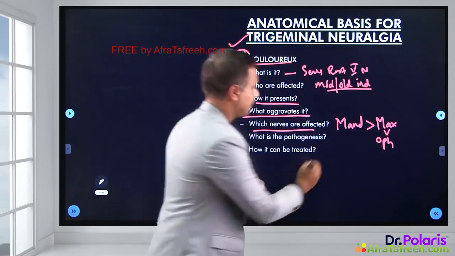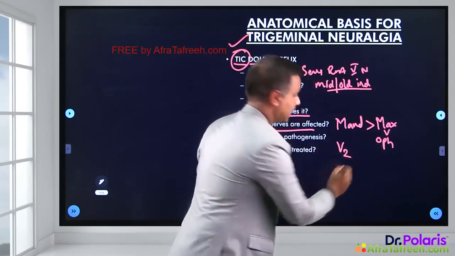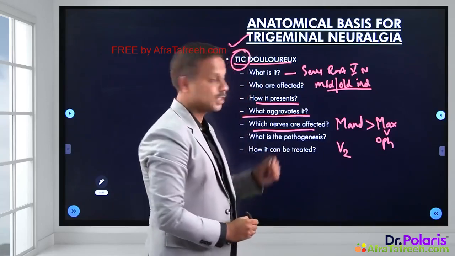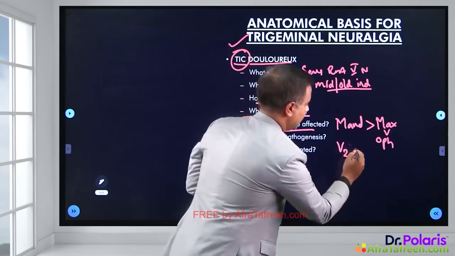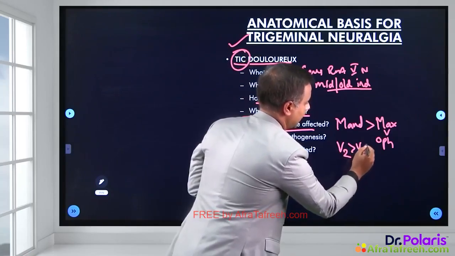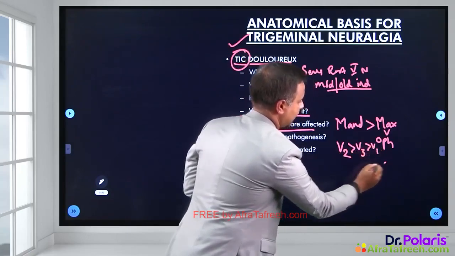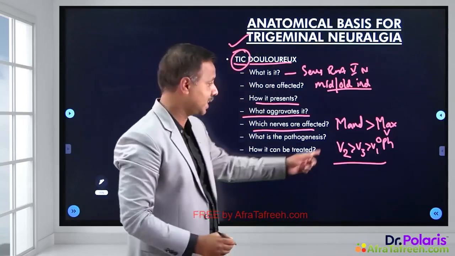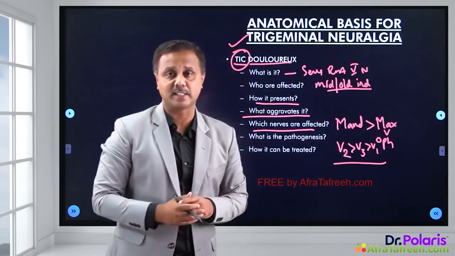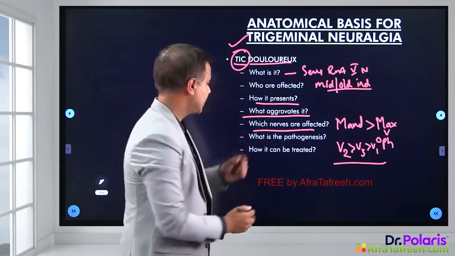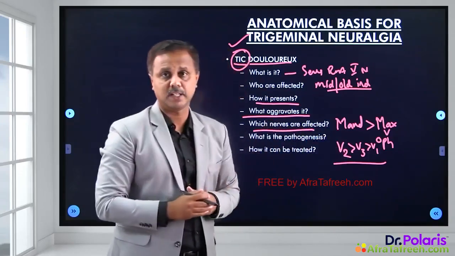So the mandibular territory is the most prone, followed by the maxillary territory, and then followed by the ophthalmic territory. You need to remember this because this can be asked in your entrance exam. So this is regarding the nerves affected.